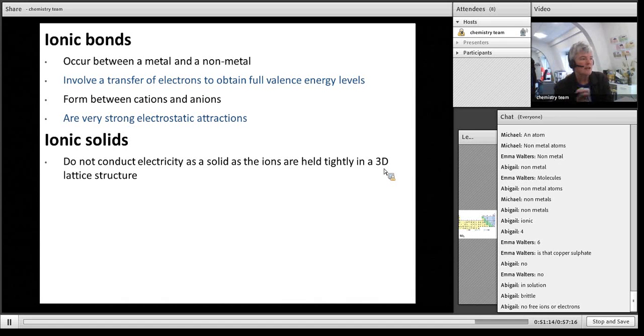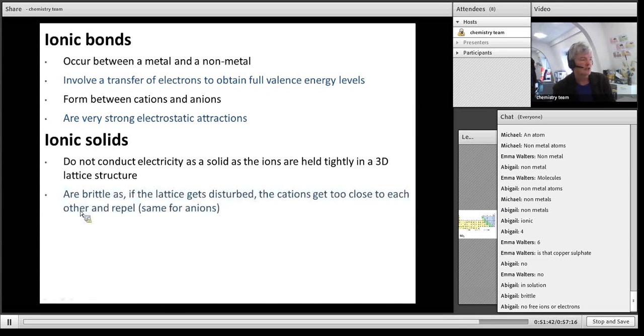And remember, electricity is the movement of charge, and ions are charged, and so these charged particles can't move. So there are no free charges like ions or electrons that can move. Good, Abigail. Right, and as I say, spell it out. In solution, it will, and we'll look at that just now. It's in our last point.